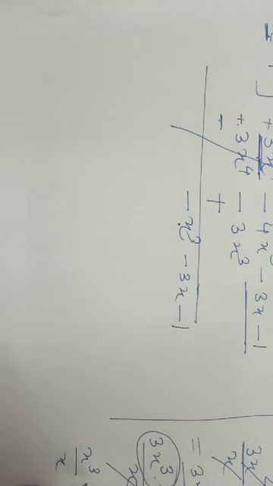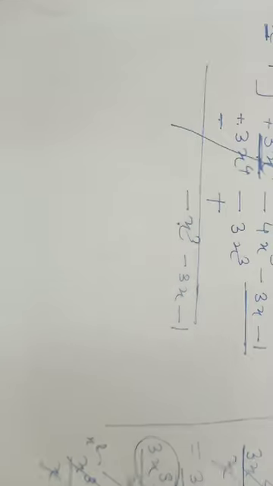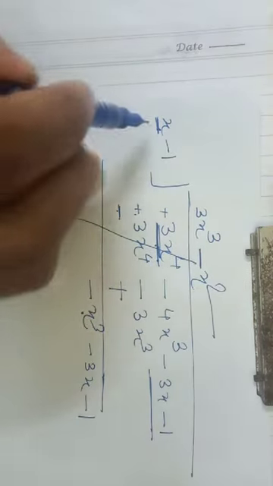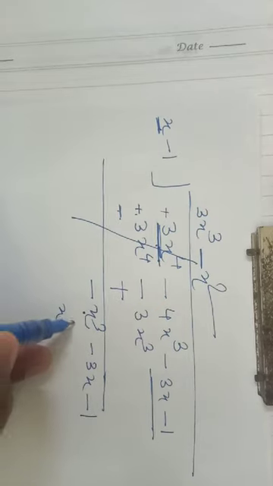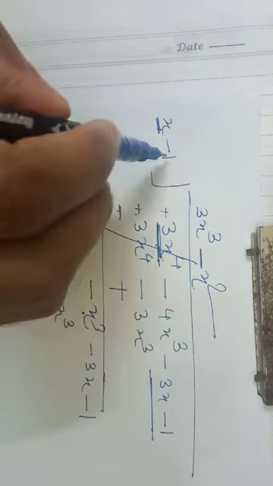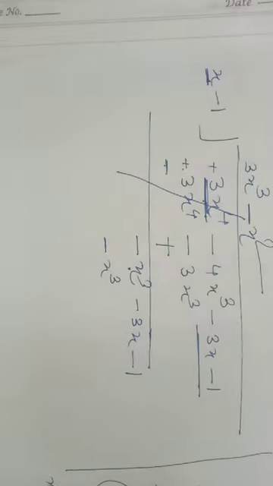It means 1 power will be reduced. So what will remain? x square will remain. So we should multiply by x square. x square into x gives x cube, but here it is minus x square, so minus 1 into minus x square, minus minus plus.